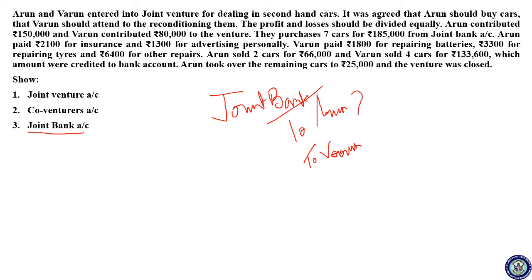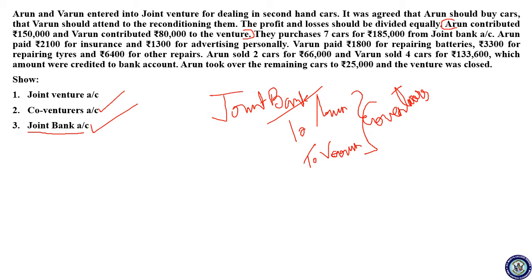Arun and Varun, when I was explaining the theory part, I explained this, right? The parties in the joint venture are known as co-venturers. So this transaction, the money contributed by Arun, has to be recorded in the joint bank account, because joint bank has been debited.